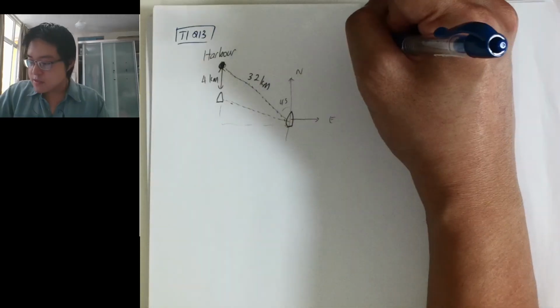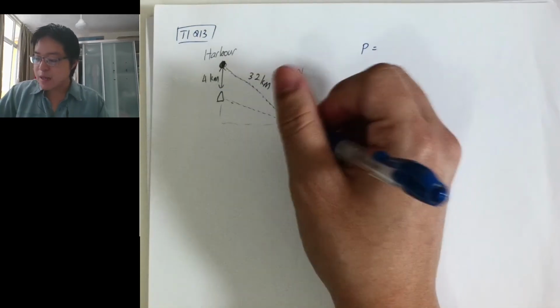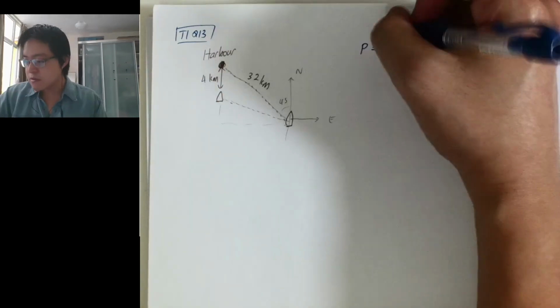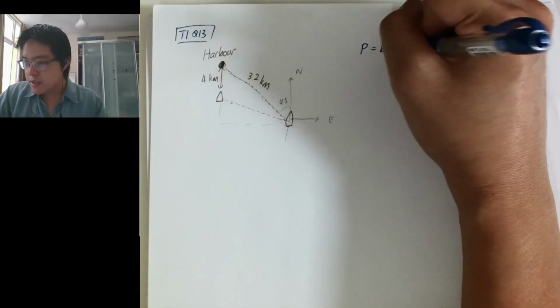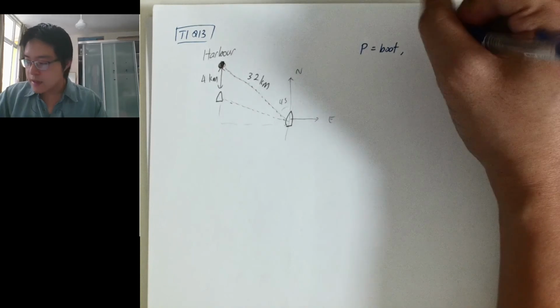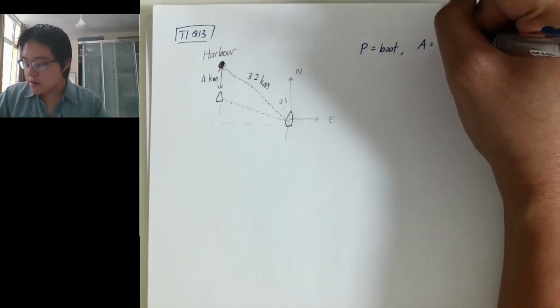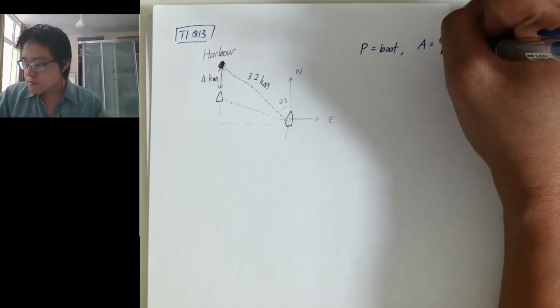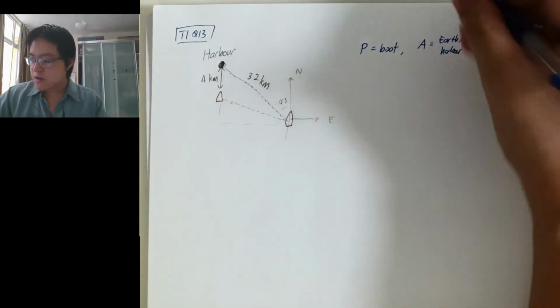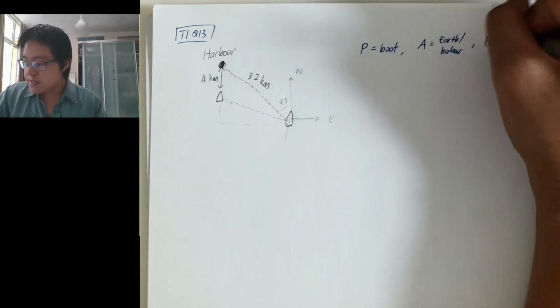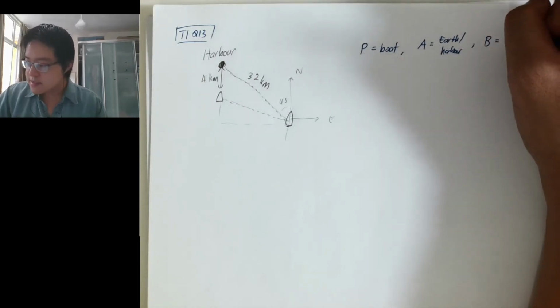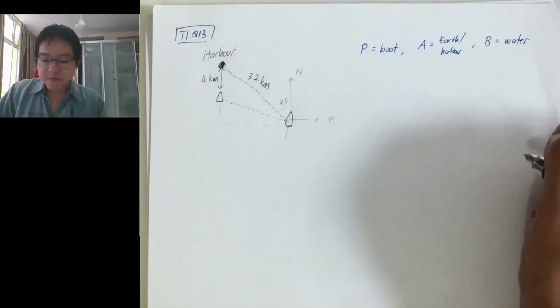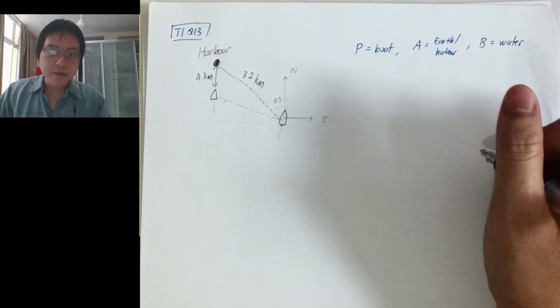P is usually my main object, so let's take the boat to be P, and then A is the earth or the ground or the harbor. This is a fixed coordinate system, and B is a moving system, another system, which is water. From here we use our relative velocity equation.